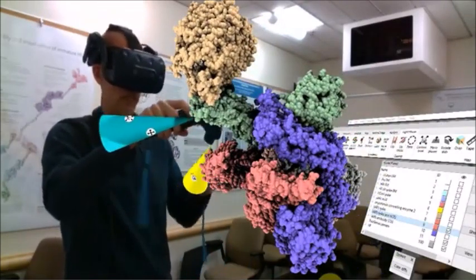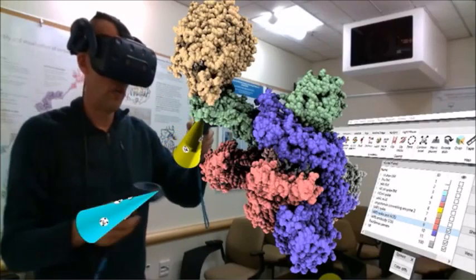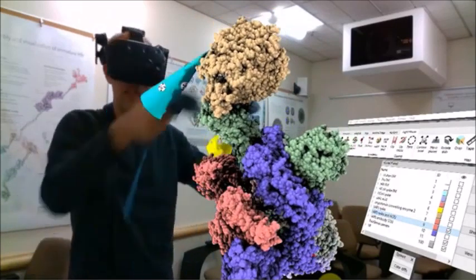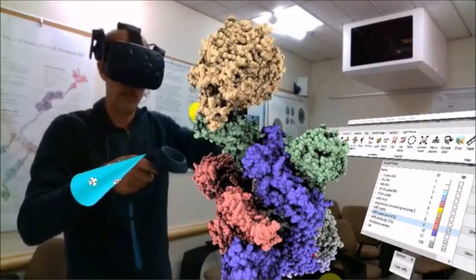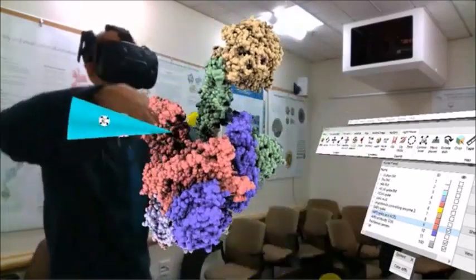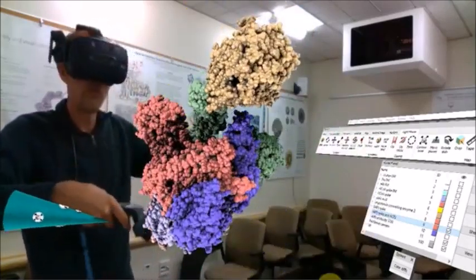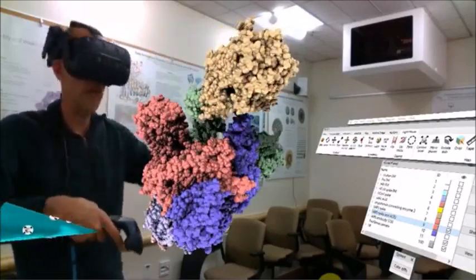Here's the spike, flipped up. When it's attached to the ACE2, what they see in the electron microscope is that the thing is even more flexible. Let me give you a better angle that shows this motion. The thing can swing in and out.